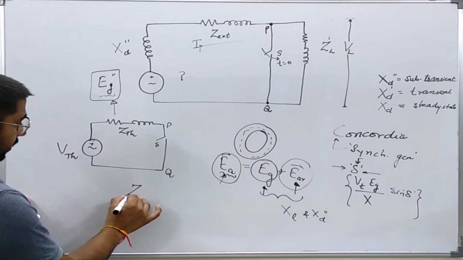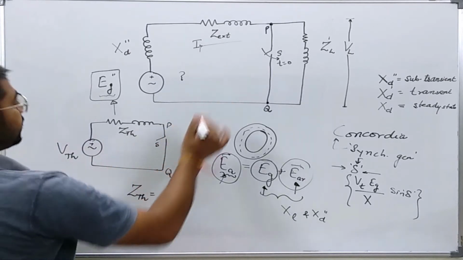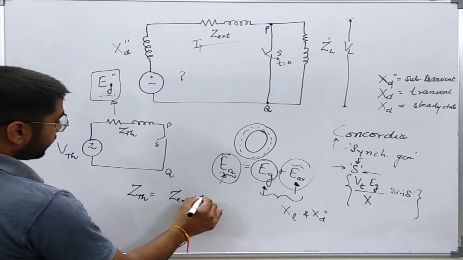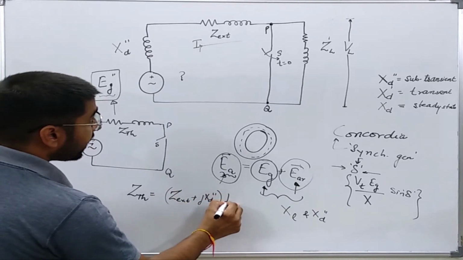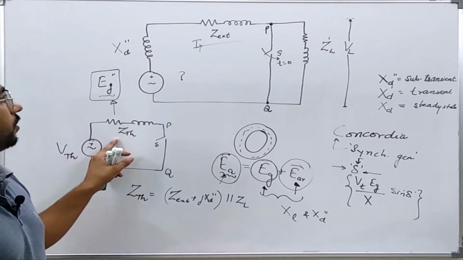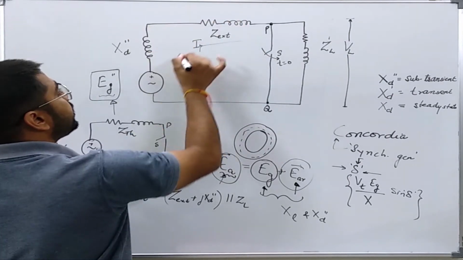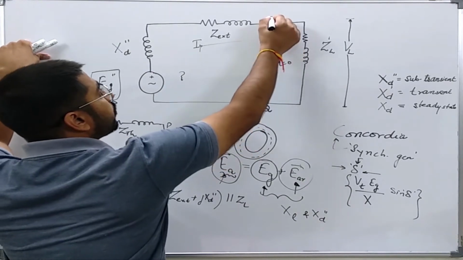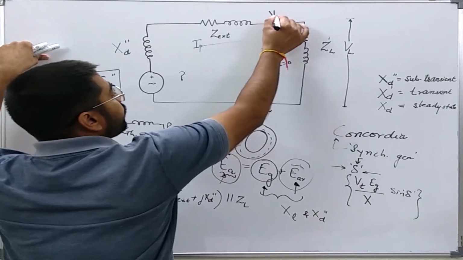And Z Thevenin is simply the parallel combination of Z external plus jXd double prime and the load impedance. So we know Z Thevenin directly, the parallel combination of these. Let us say the voltage here before the switch S is closed is Vf.